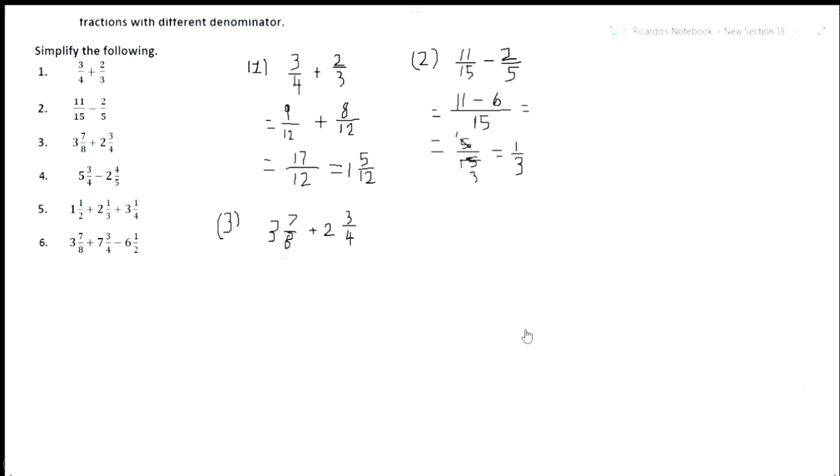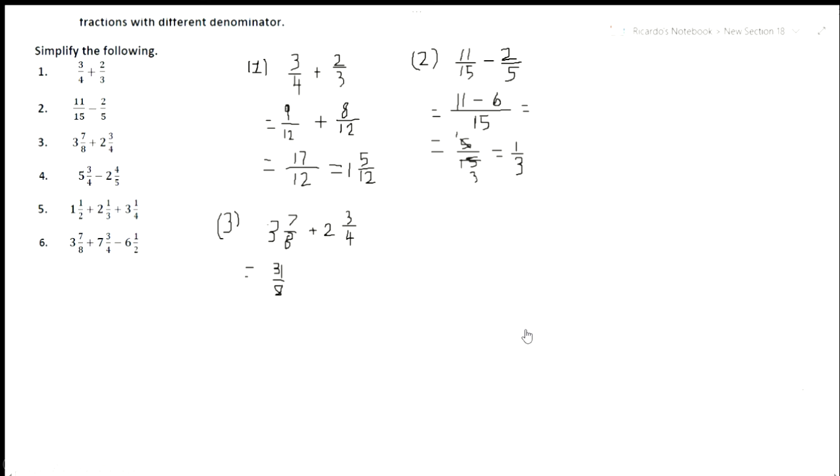Okay, so we're going to turn this into an improper fraction or top heavy fraction before we can do anything. So 3 8s are 24 and plus 7, that's 31 upon 8.